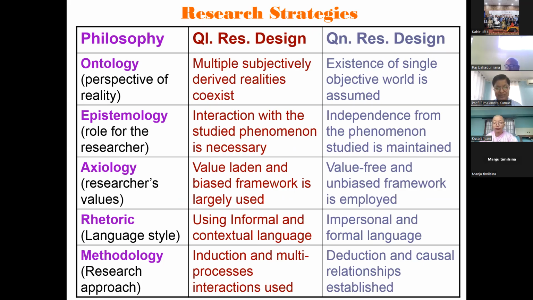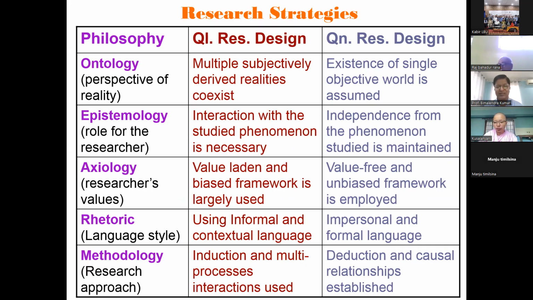These are the five subjects of how qualitative and quantitative research are designed by a researcher. We have already seen ontology: when a person tries to know about things, how things are happening, when we are searching for the truth of anything. So ontology is the perspective of reality.